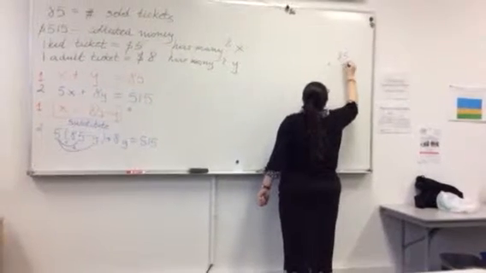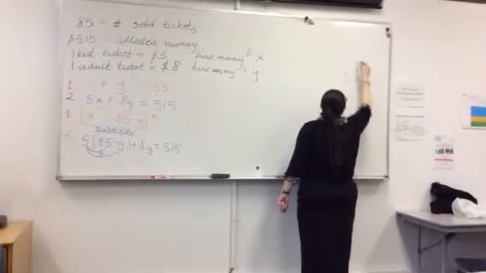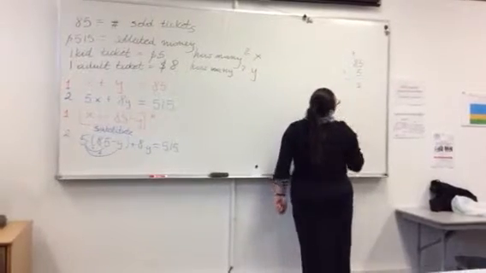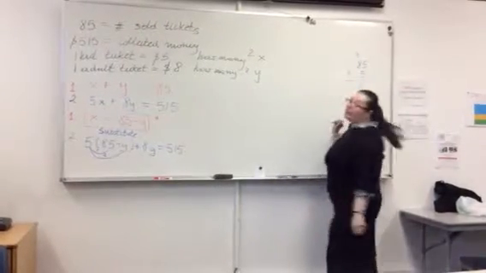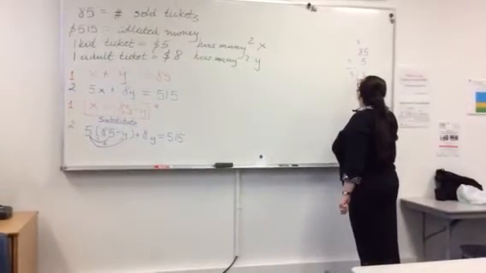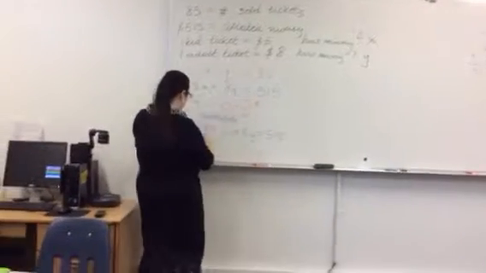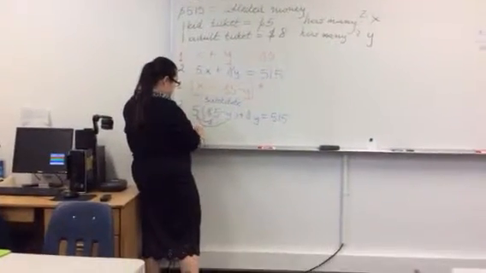85 times 5: 5 times 5 is 25. 5 to the left. 8 times 5 is 40, and we have 2, so it's 42. So we know that 5 times 85 is 425.